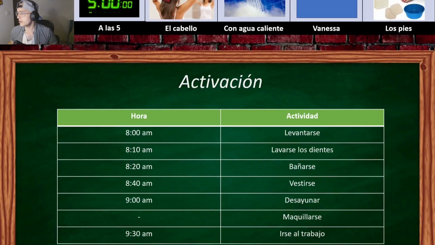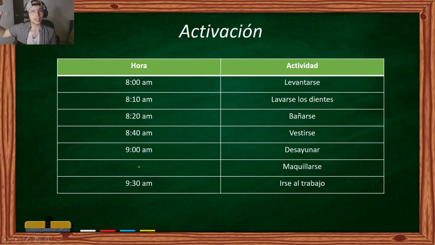Now, let's go in here. Let's do a little activation activity. So, on the left side, we will see the times, and on the right side, we will see what we do. So, a las 8, levantarse. A las 8:10, lavarse los dientes. A las 8:20, bañarse.